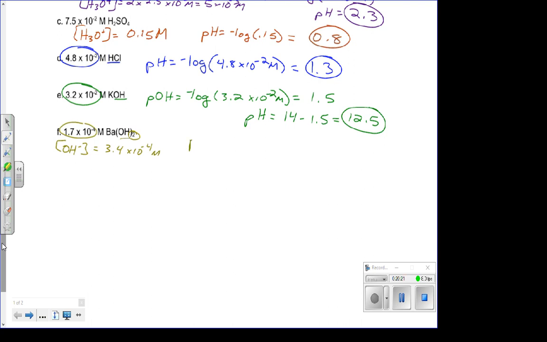So then we can get our pOH from that, which is about 3.5. And then subtract that from 14 to get our pH.